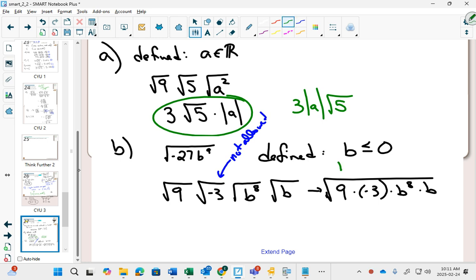This is better. Because with the negative, that's technically not allowed. And then, with the 9, when you square root 9, you're going to get 3.